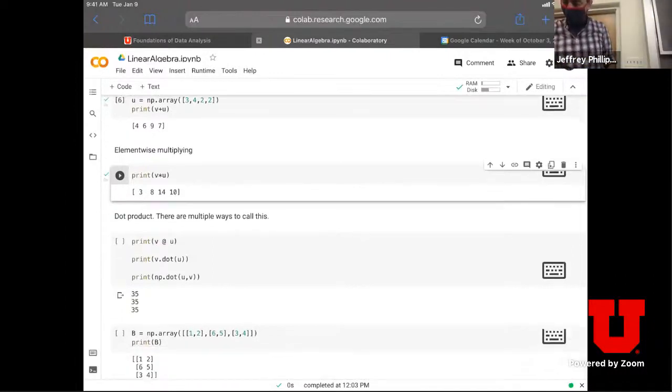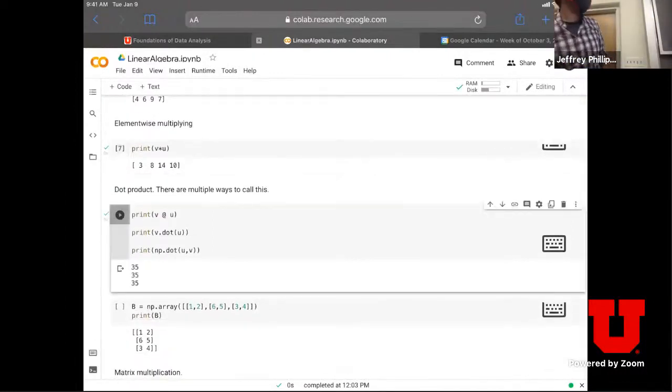If I want to do the dot product, there are many ways to do it. Here are 3 of them. The dot product is so important, it shows up in many different forms. Probably the easiest one is V at U, right? That gives me a dot product. I can also do V dot of U, or I can do inner.